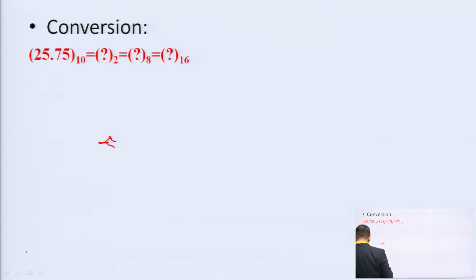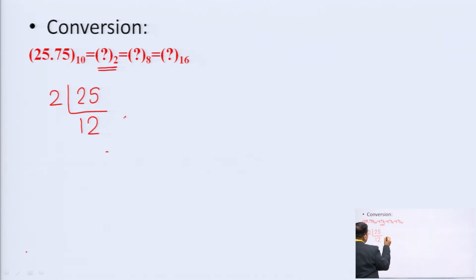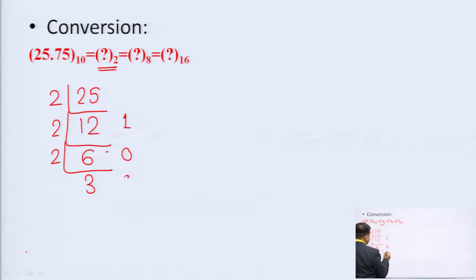We are taking 25 as the integer part and now we are converting it into binary. So, we will be dividing by 2. First is 12 and the remainder is 1, then 2 6s are 12, remainder is 0, 2 3s are 6, remainder is 0, 2 1s are 2, remainder is 1, and here 0, so 1 will be the remainder.